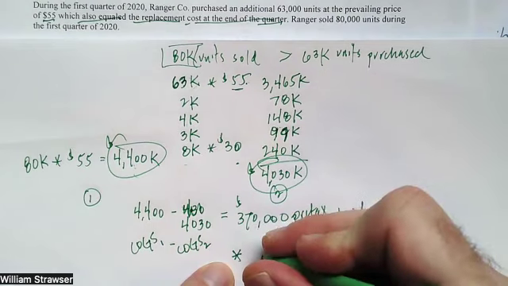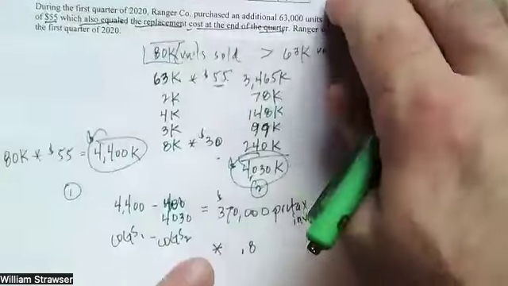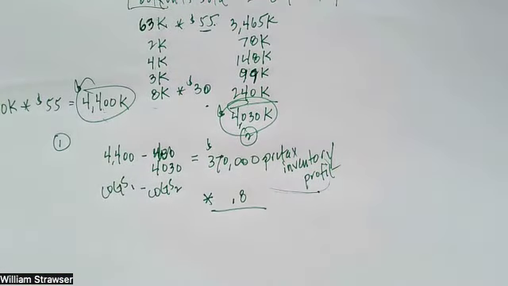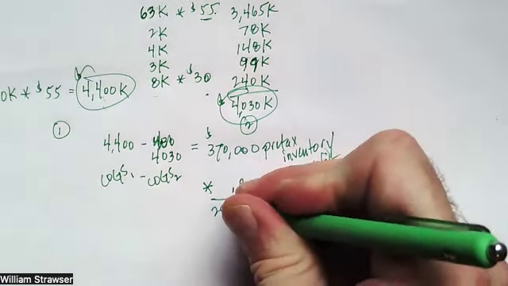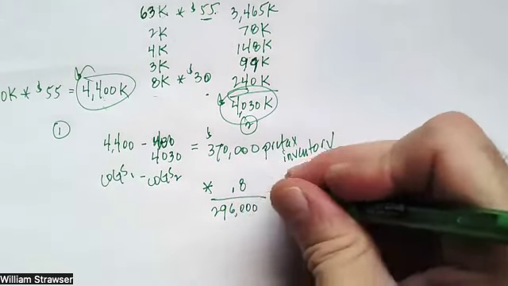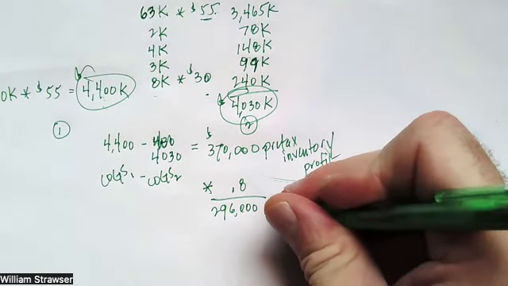So if we wanted to strip out the tax effect under a 20% tax, I would just take 80% of this number, which is equivalent to subtracting 20% from 370,000. And I would get an after-tax inventory profit of 296,000.